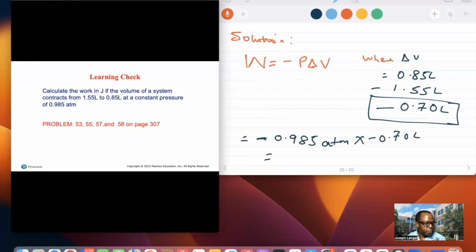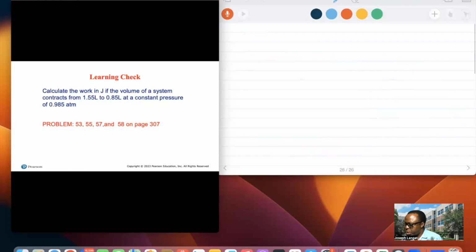On the calculator, this will be positive 0.6895, and this is liters times atmosphere. This is not the correct unit. We need to change to joules. Remember, here is in joules.